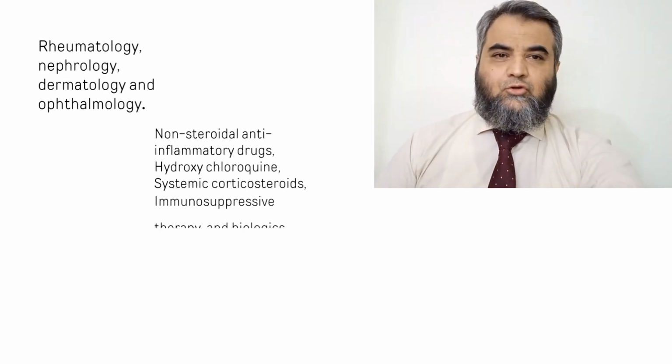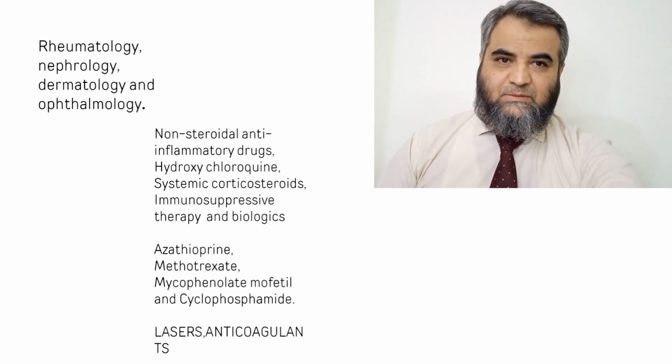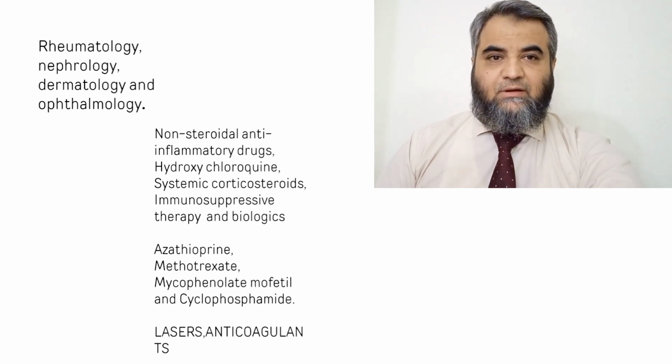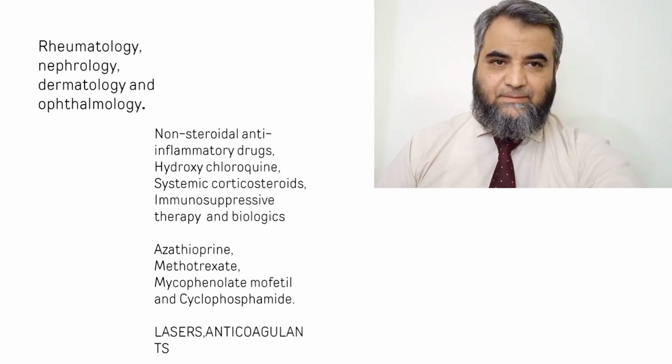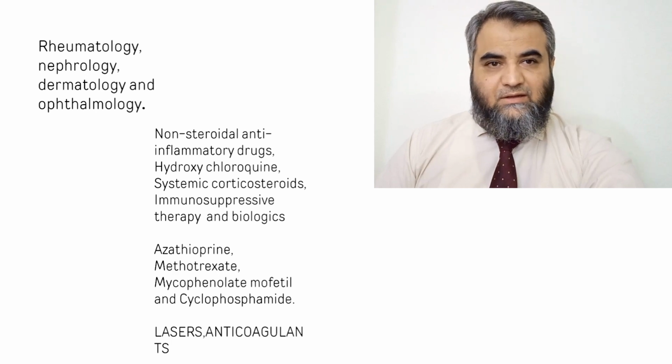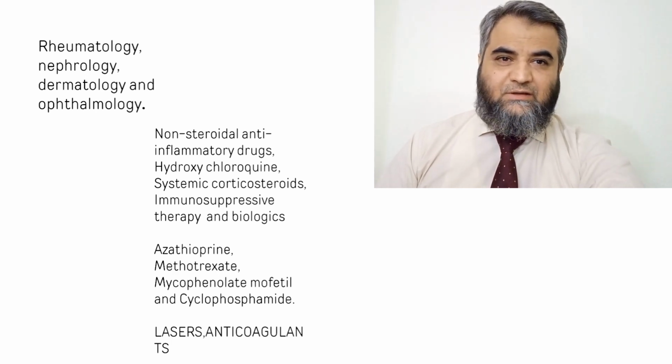Systemic lupus erythematosus is basically a multi-organ disease, so it needs subspecialties to act and treat this disease, for example dermatology, nephrology, rheumatology, and ophthalmology. They all have to work as a team to control this disease. Systemically, we can start with non-steroidal anti-inflammatory drugs.